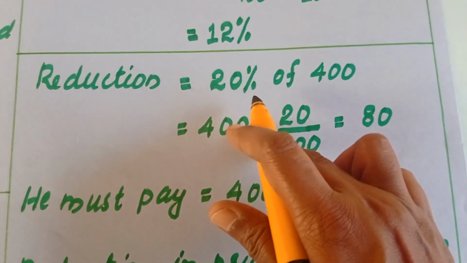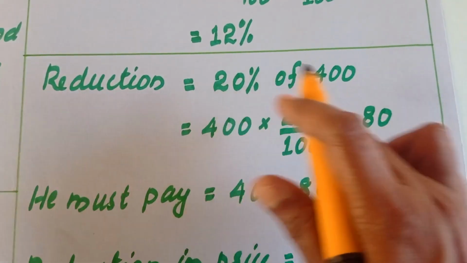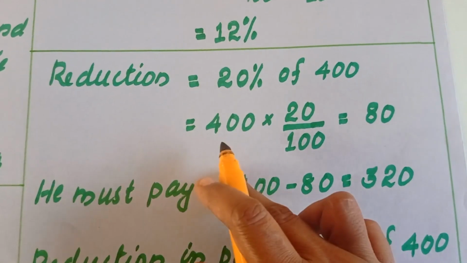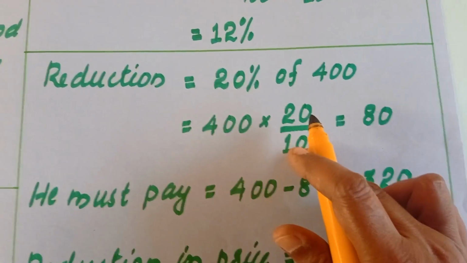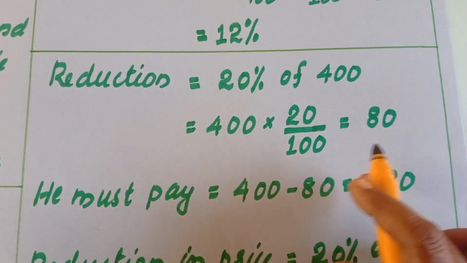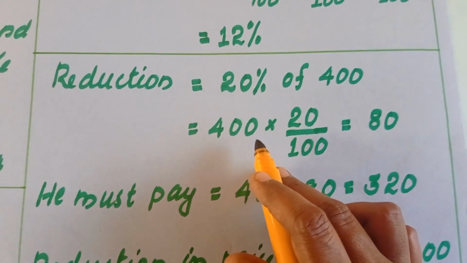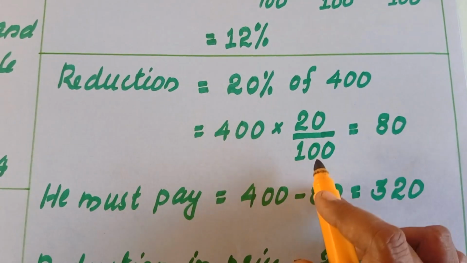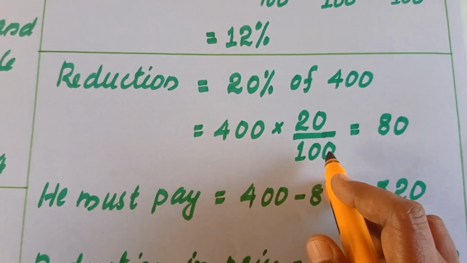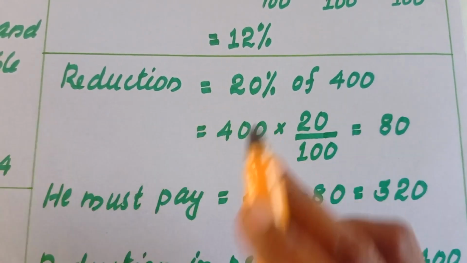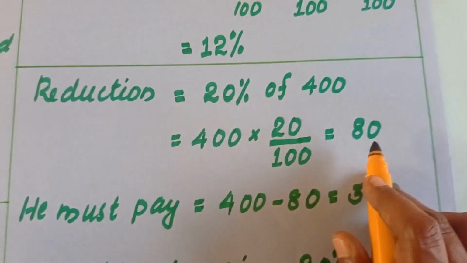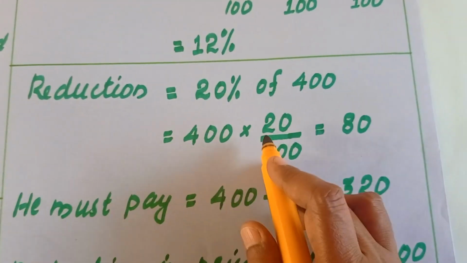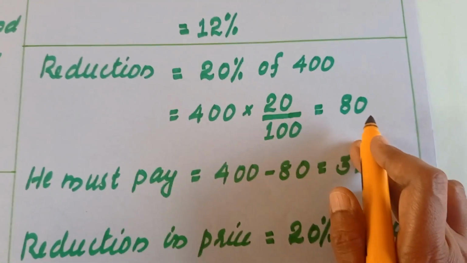Then 20% of 400 is the reduction. 400 into 20% means 400 into 20 by 100. Cut these two 0s and these two 0s. Then 4 into 2 is 8, put the 0, then 80. 4 into 20 is 80.